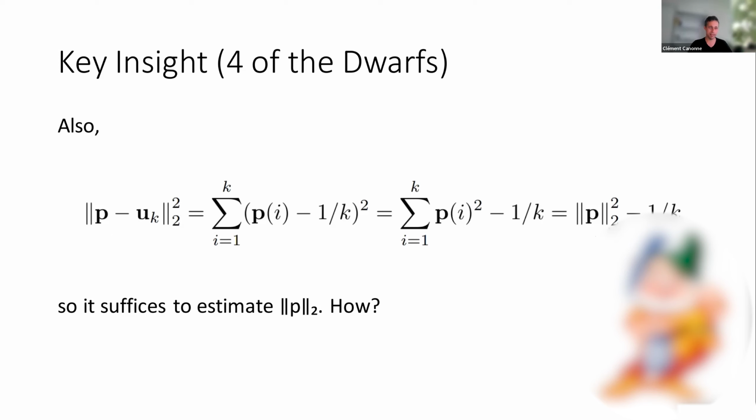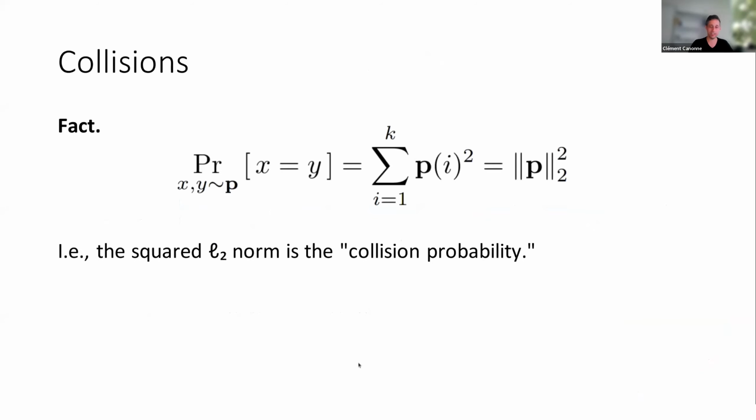And okay, why is that good? It's because this thing here has a very natural interpretation, which, again, I find a kind of cool fact: if I have a distribution and I take two independent samples, what is the probability of a collision? I keep saying the word collision, so probably it matters. So you take two independent draws from some unknown distribution P, what is the probability that the two values are equal?